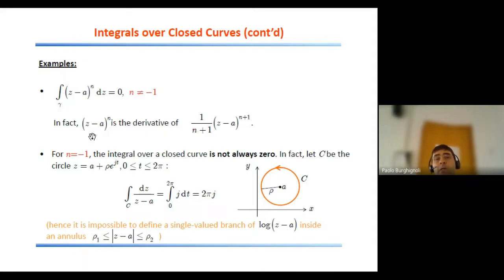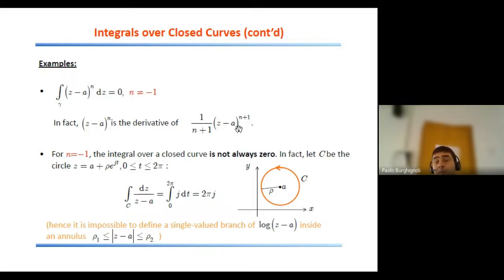Why? Well, because the monomial is the derivative of another monomial. That's the derivative of 1 divided by n plus 1, so you see why n must be different from -1, because otherwise this denominator would be equal to 0, times (z - a)^(n+1), and that's the elementary antiderivative of any monomial.